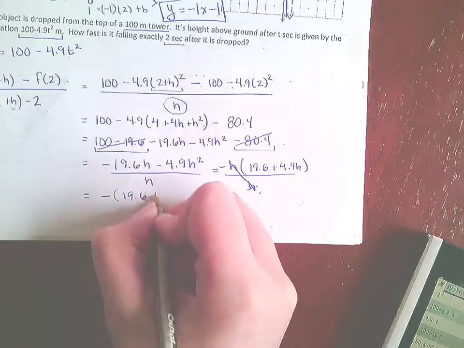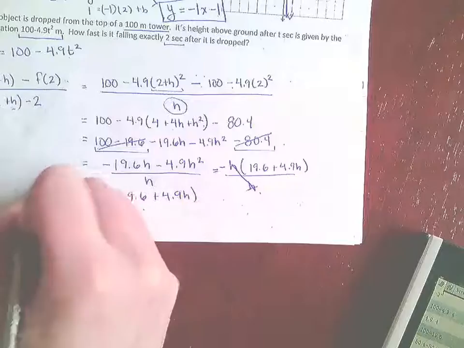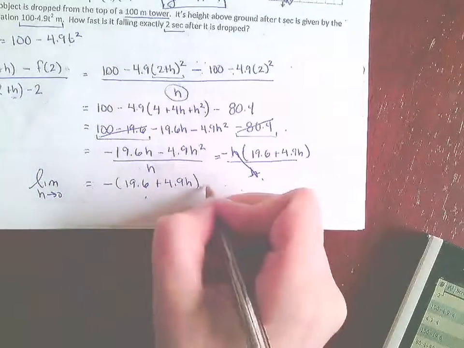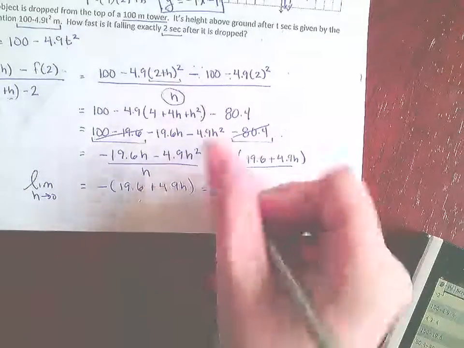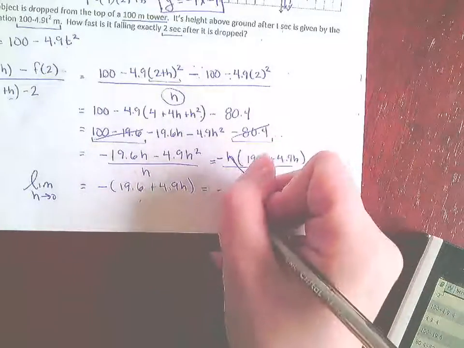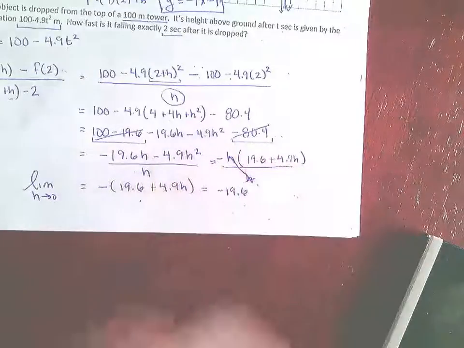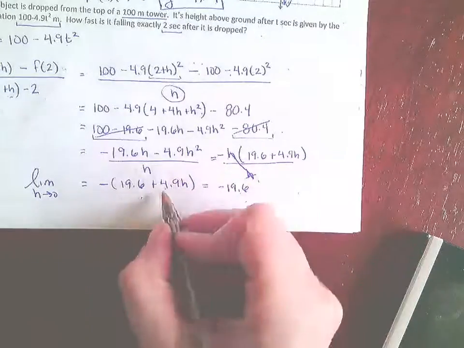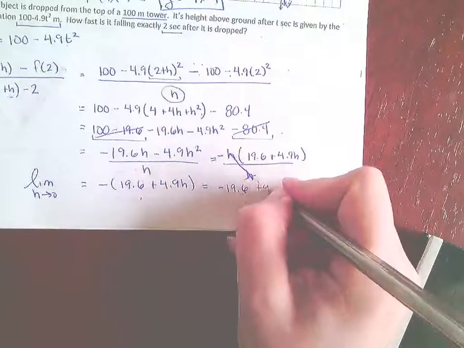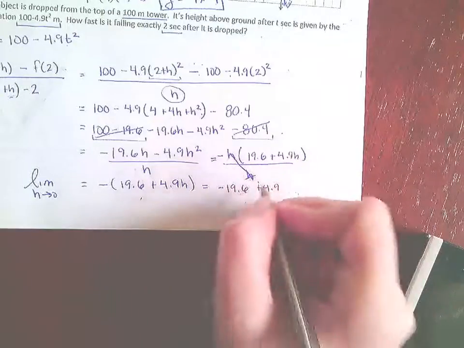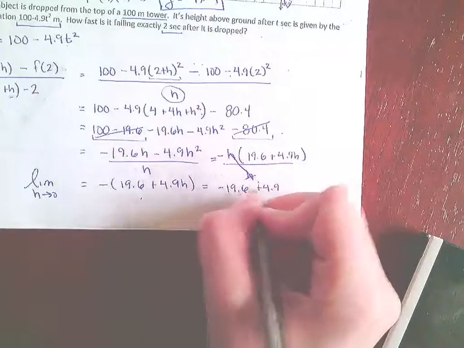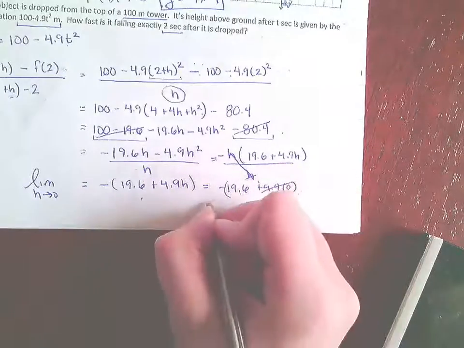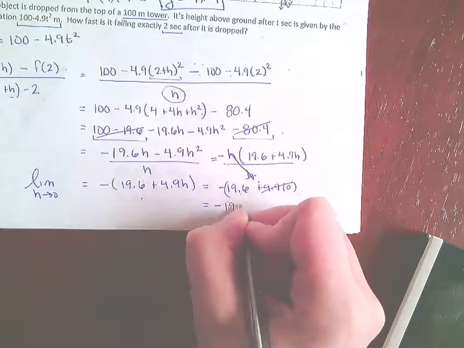So we're left with negative (19.6 plus 4.9h). Now, what is the limit as h approaches 0 of that function? It's going to be negative (19.6 plus 4.9 times 0), which of course turns into a 0, so it's negative 19.6 meters per second.